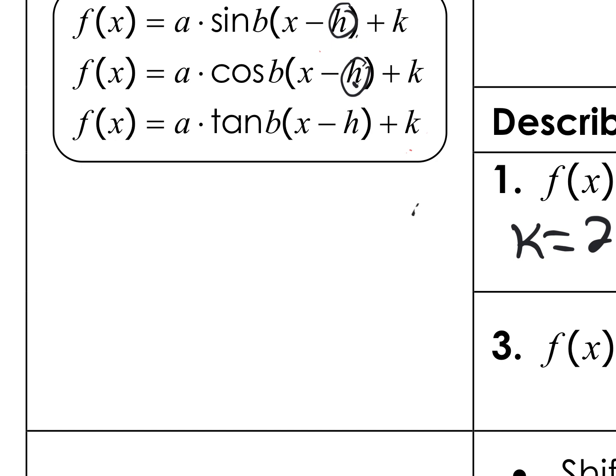I called this A, I can call this the B, and I used to just call this the C and this the D. However, we call it the H and the K in pre-cal class. If I make my own notes, I would just do A, B, C, and D and never bother with H and K. But the reason H and K are used is because they're used in the quadratics, the exponentials, the square root functions, in every function you could possibly do. So H and K is what we're going to address.